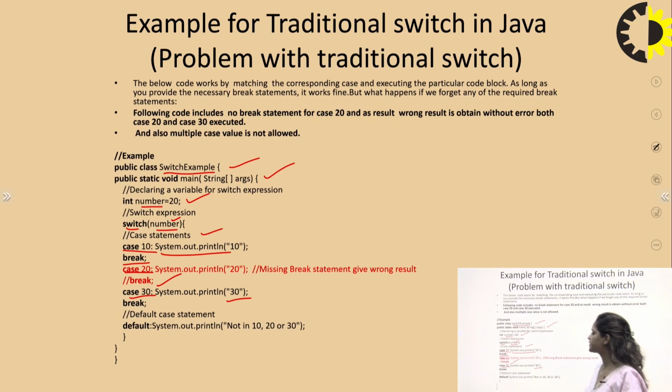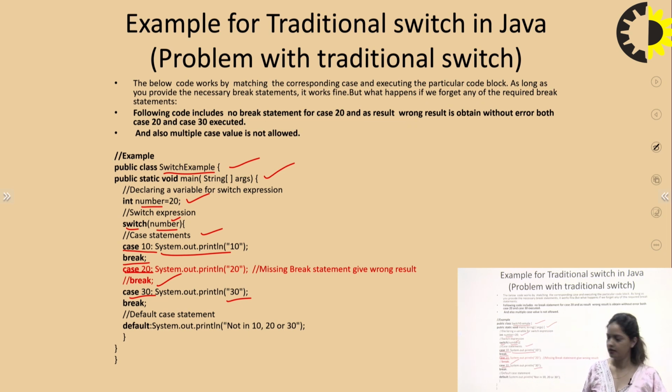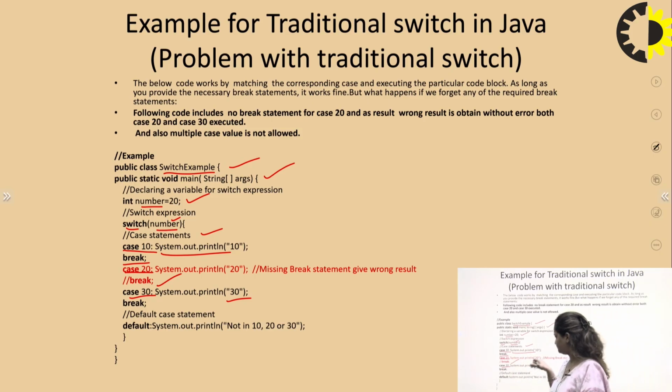Why do we use the break statement? In order to exit from this particular case and stop the program there once we meet our desired case. But there is a problem with this break statement. Suppose we have a number whose value is 20.